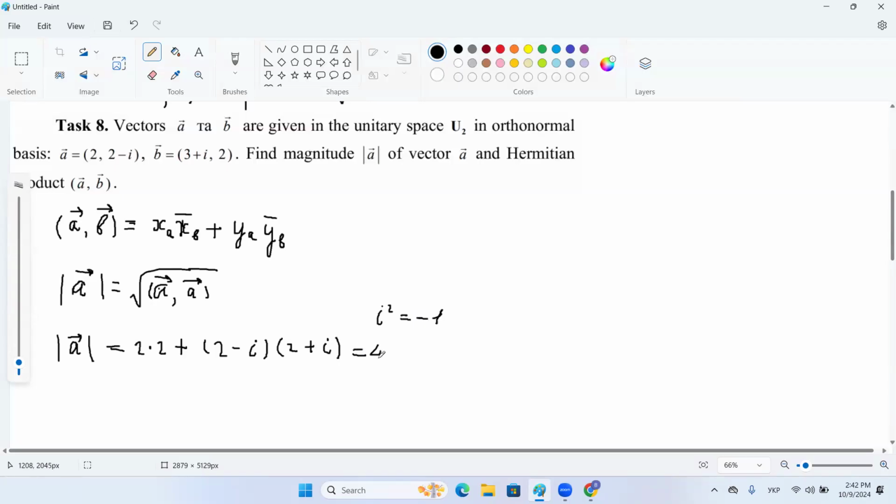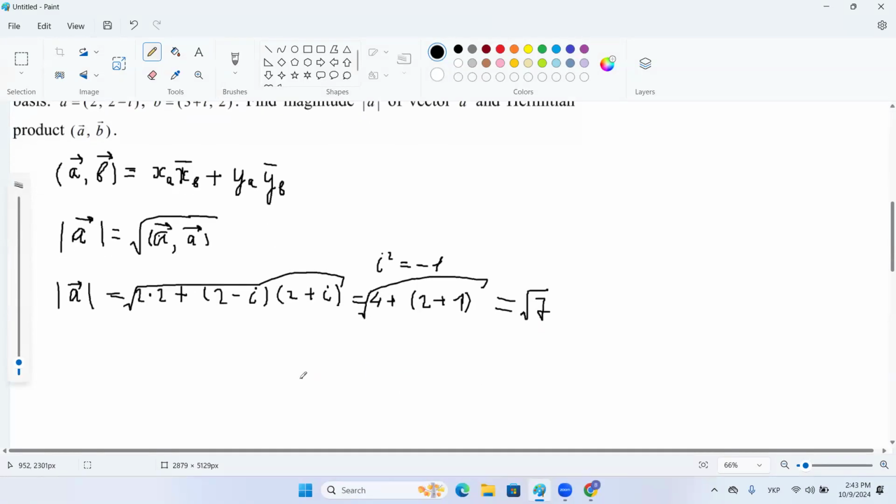So 4 plus 2 plus 1. Yeah, I forgot about the square root and nobody told me. Where's your attention? And it equals 7.